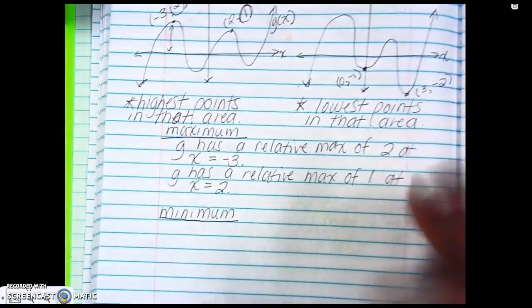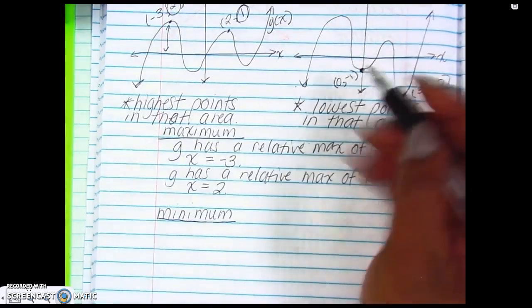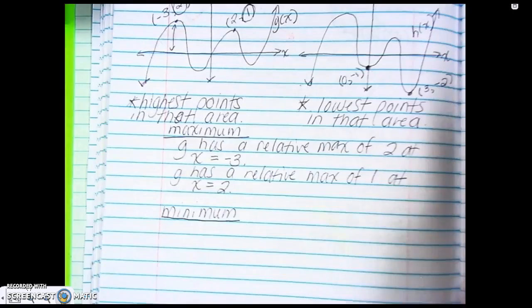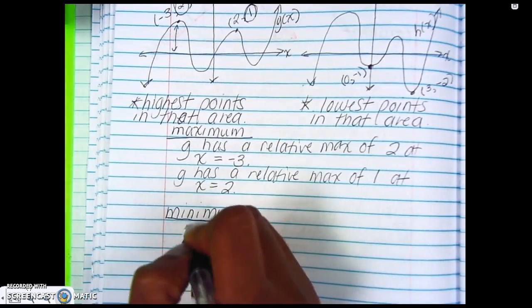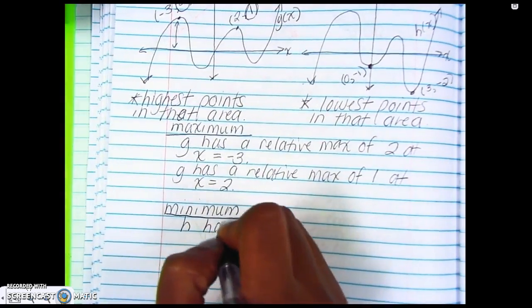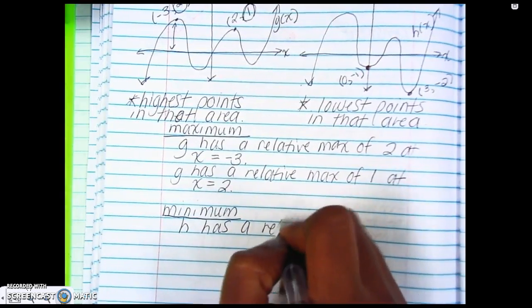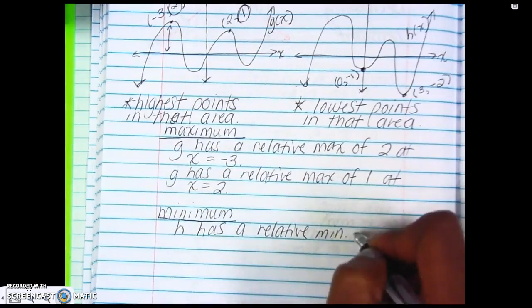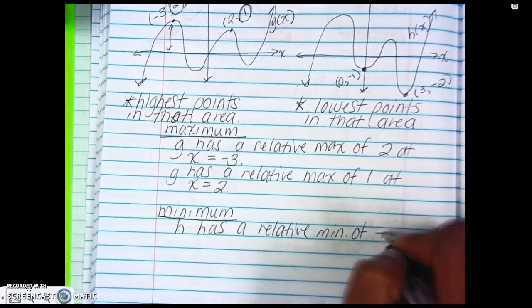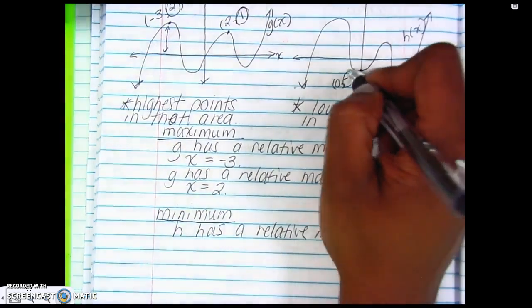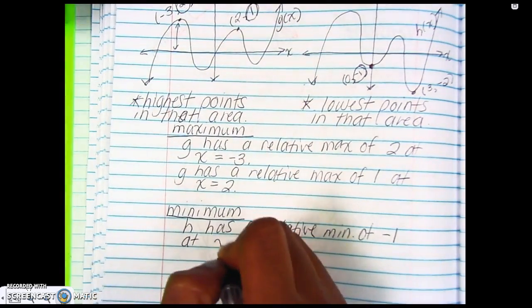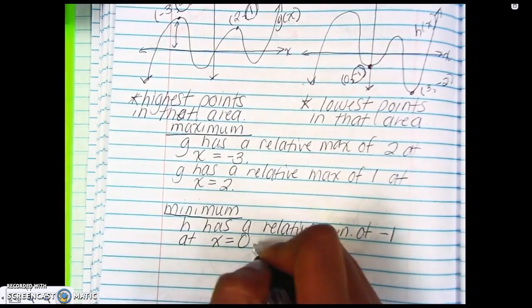Okay. So we would call this relative minimum, we would say that, let's call this function h of x. So we would say that h has a relative minimum of -1 at x equals 0.